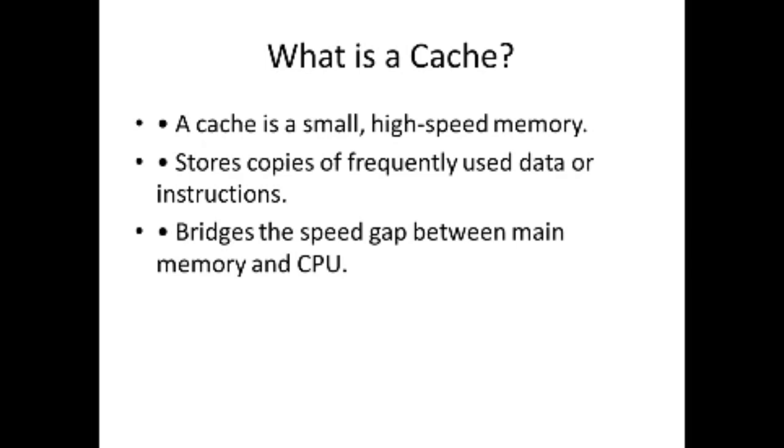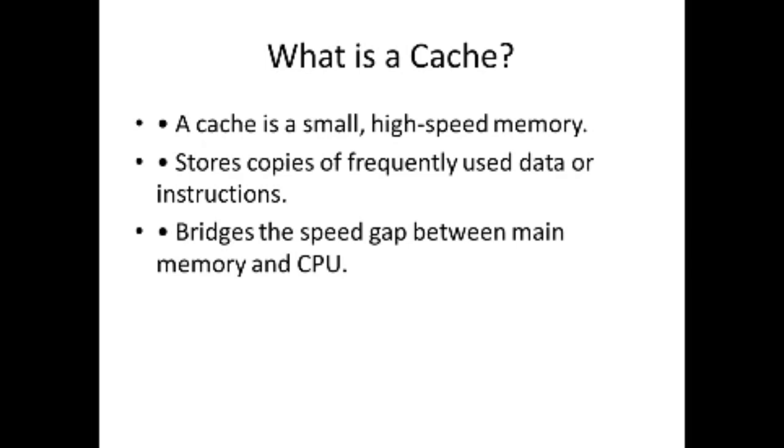The second point is that it stores copies of frequently used data or instructions. I said that in the previous slide. And then it says that it bridges the speed gap between main memory and CPU. So the cache bridges that gap.